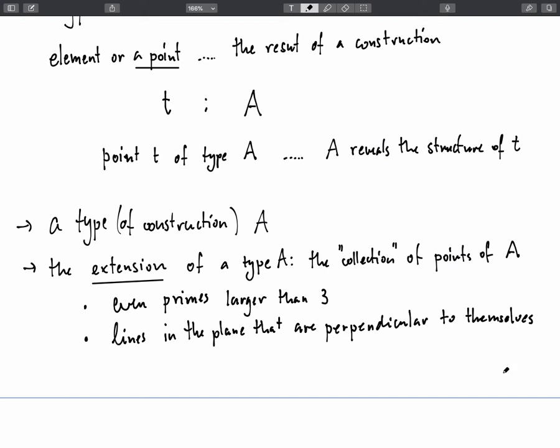Bertrand Russell's favorite example is the morning star and the evening star. So that's an example of different concepts that have the same extension. Both of them signify the same object in the universe, also known as the planet Venus. So types are more like descriptions of structure.